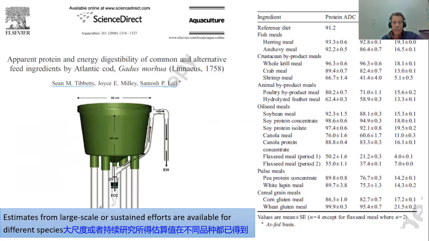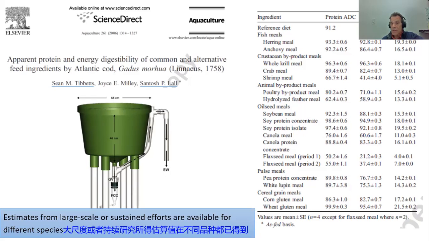Other research groups have contributed to measuring digestibility in different fish species, measuring the digestibility of practical feed ingredients. Work by Sean Tibbett, Joyce Millett, and Santosh Lall in Halifax in Canada measured the digestibility of several practical feed ingredients in Atlantic cod, a marine fish, and you can see they measured highly variable estimates of digestibility of protein of different practical ingredients, showing that there is value in measuring the protein digestibility of ingredients because you cannot assume that all ingredients have the same digestibility.